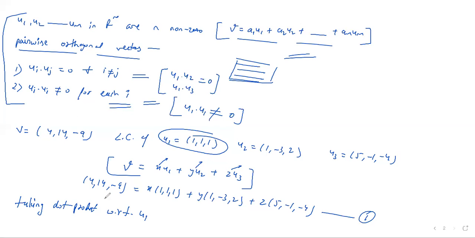So if we multiply by this u1, we will have, let's take another page, (4, 14, -9) dot (1, 1, 1), and that is equal to x (1, 1, 1) dot (1, 1, 1).